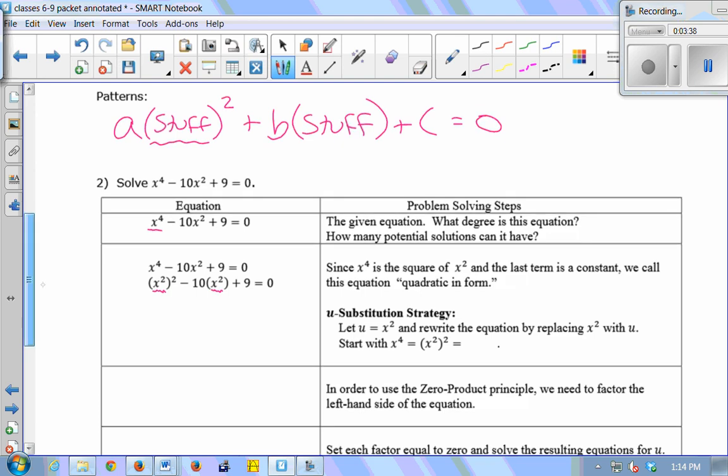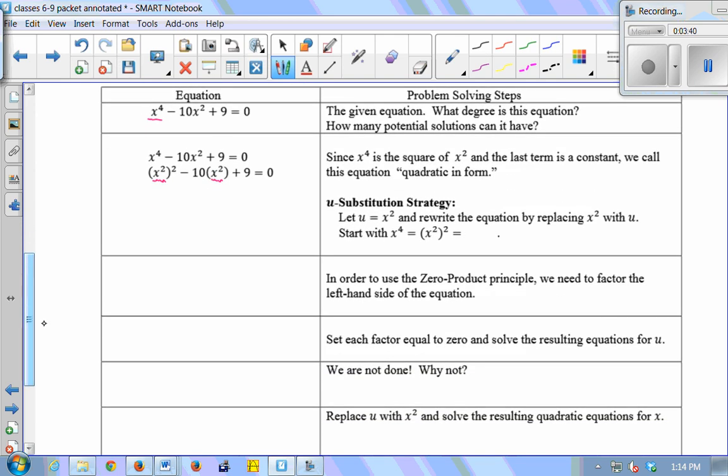So a useful technique is called a U substitution strategy. To make this look simpler, we're going to let u be x squared just for a few minutes. I'm going to let u equal x squared and make a substitution.